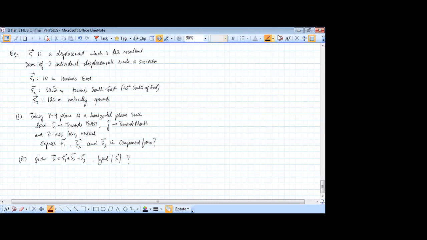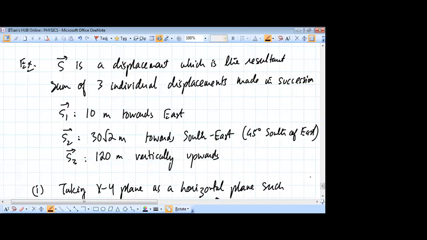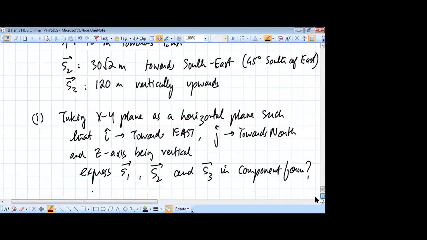So this will be something like this, that let me explain the difference between vertically upwards and something in a horizontal plane.